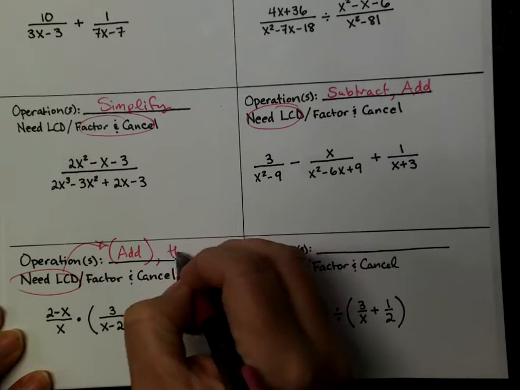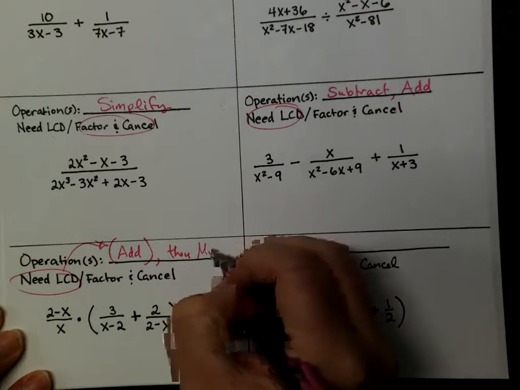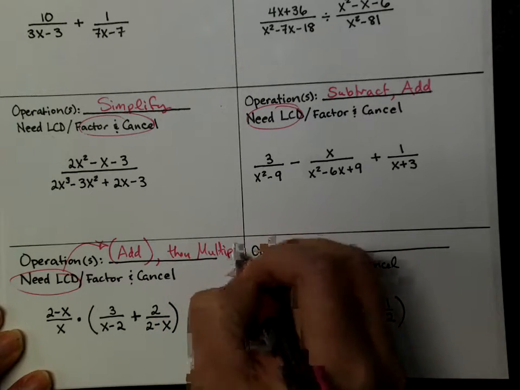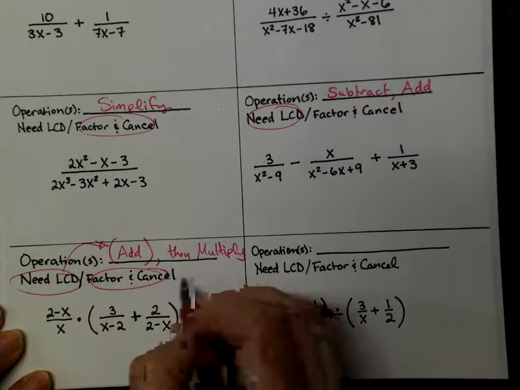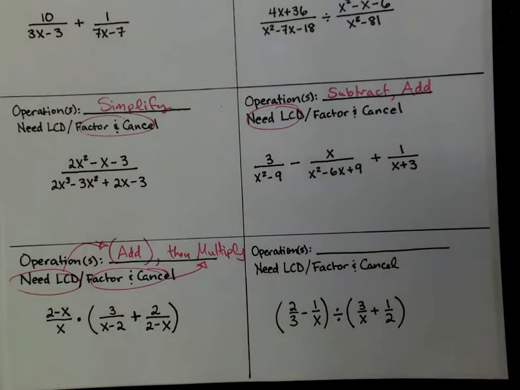And after that, then what do we do? For that, we're going to need to factor and cancel, so we're going to need both techniques. We do the addition in the parentheses with an LCD first, and then we have two terms. This will become one rational. The whole point of an LCD is to make it over one rational bar, and then we'll have one rational times another rational. We'll multiply them, which means we have to factor and cancel.